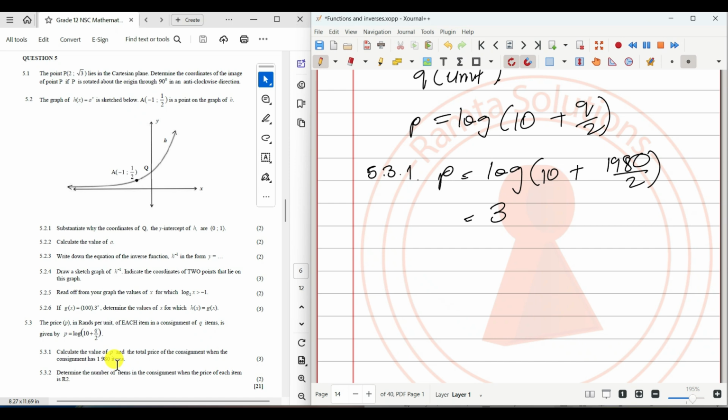So how many do we have? 1980. Right? So the total price will be this times 1980 items.